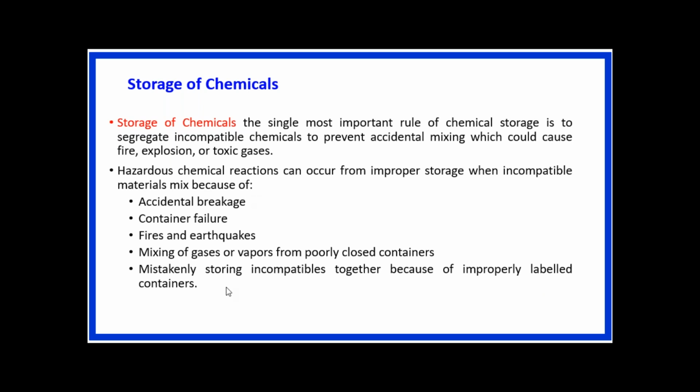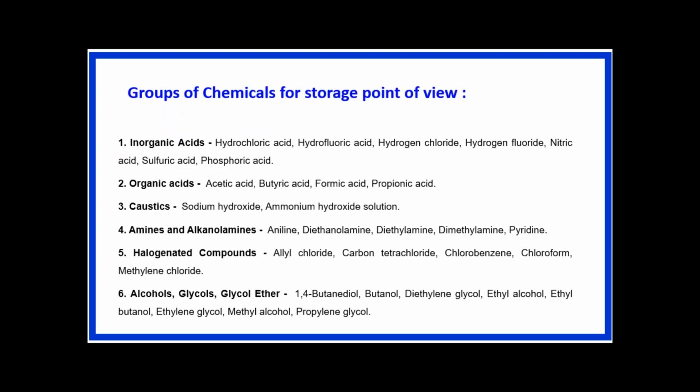These are some of the ways these incompatible chemicals may be mixed with each other, and sometimes due to this mixing, fire, explosion or toxic gases can be released. So before storage of these chemicals, we have to think of these possibilities.